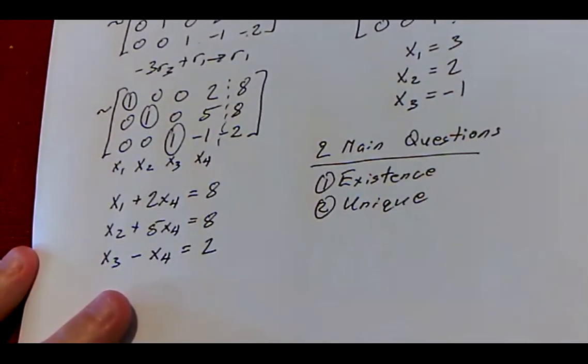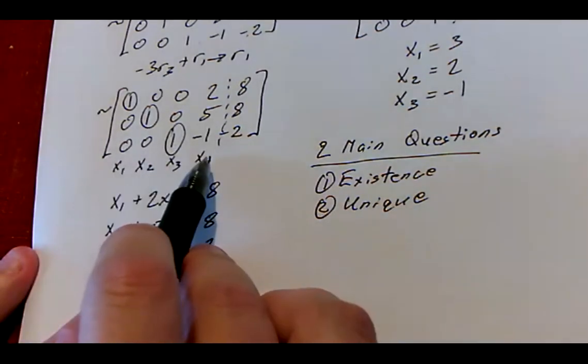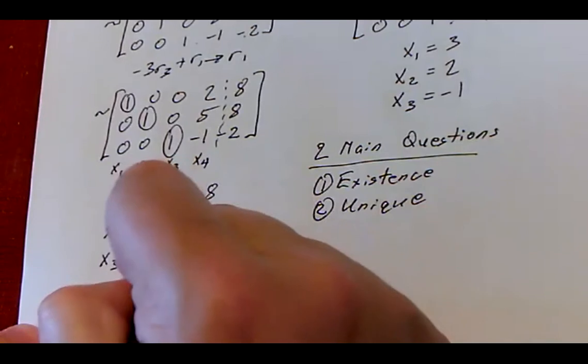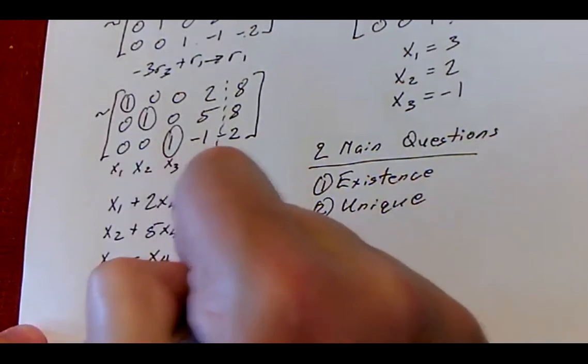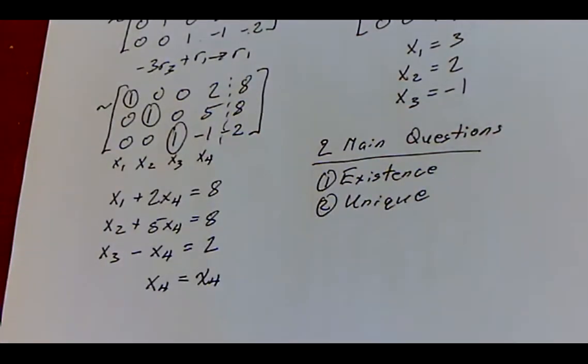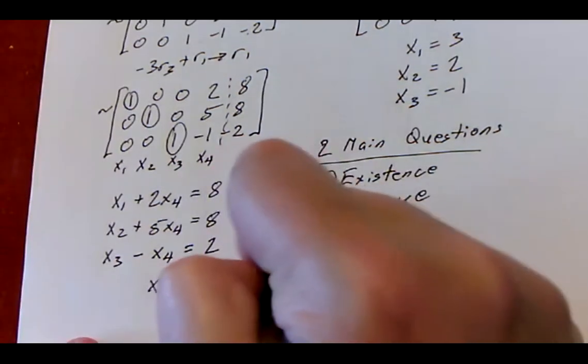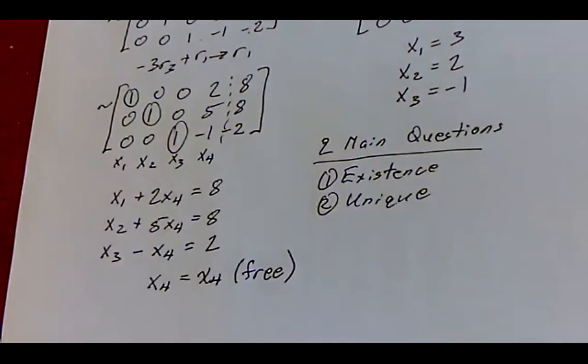Okay? So as I look here, my x4 is not determined. It could be largely anything. So we will usually write down something like x4 is equal to x4. Okay? What that means is x4 is what we call a free variable. Okay, it is not determined. It could be anything.